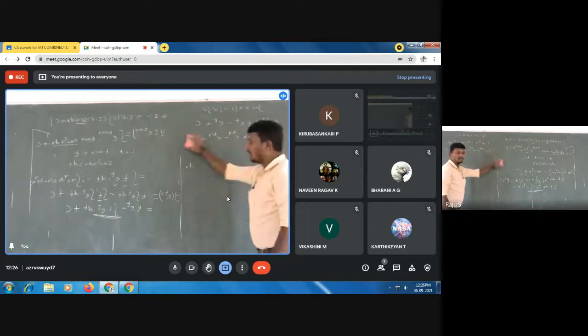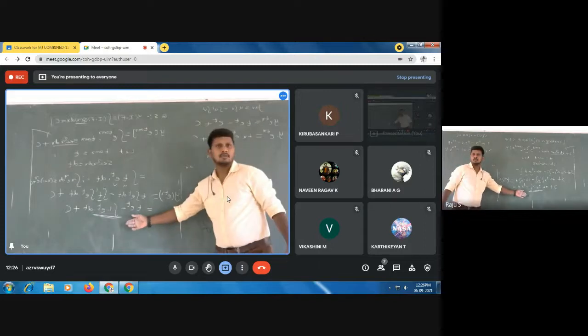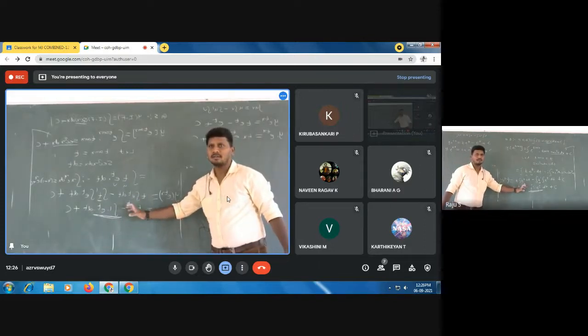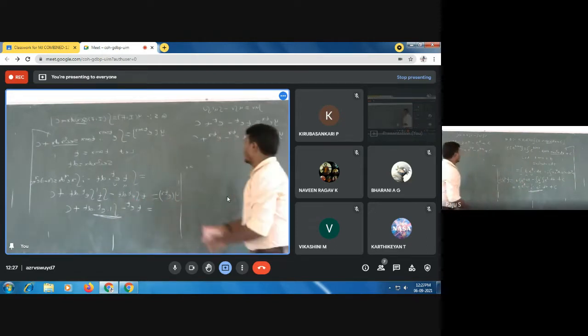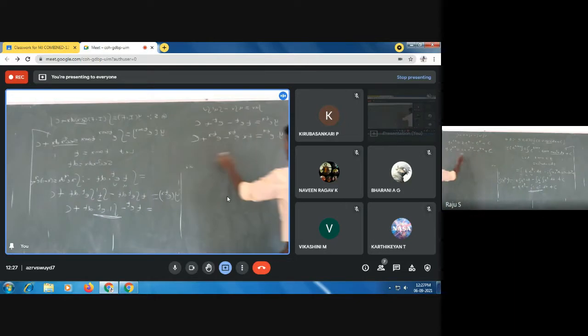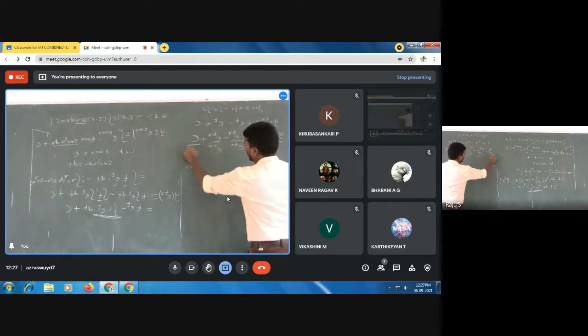This is the answer. UV rule. Understood? Understood. So now at last, otherwise you may divide with e power tan x.